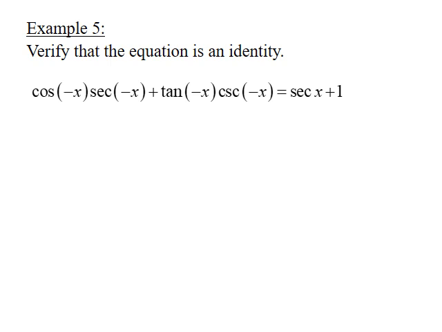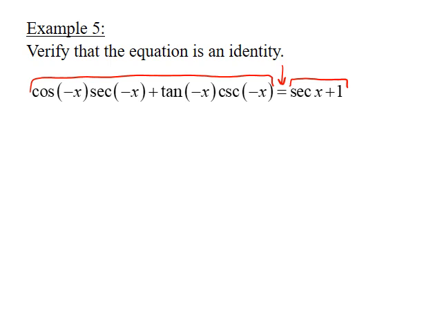Here's our first example, and this is what I mean. We want to verify that this mess over here will in fact equal something a little bit simpler. So what I'm going to do is take one side of this equation and manipulate it like crazy. And oftentimes we will use the more complicated side.